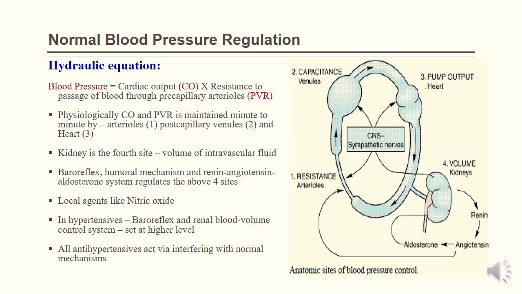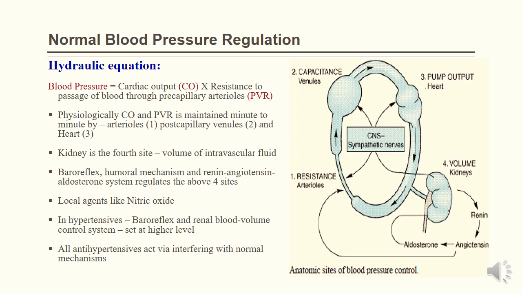According to the hydraulic equation, arterial blood pressure is directly proportional to the product of blood flow, as cardiac output, and the resistance of blood through the precapillary arterioles, as PVR. So it means blood pressure equals cardiac output times PVR.